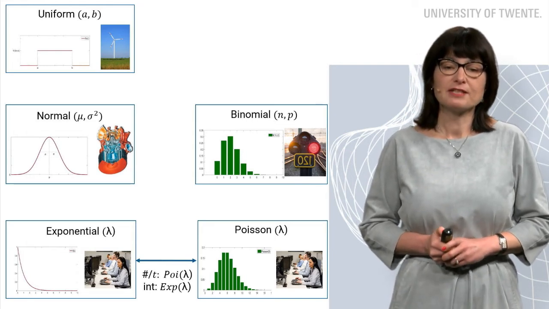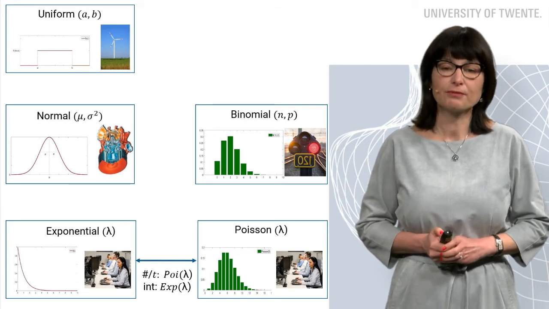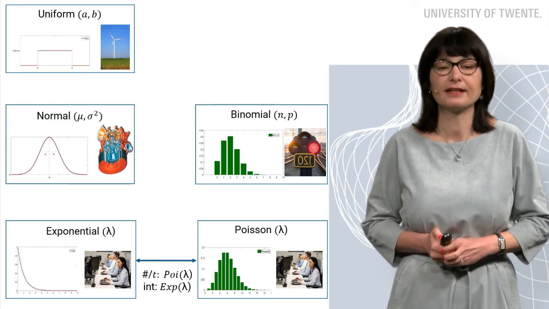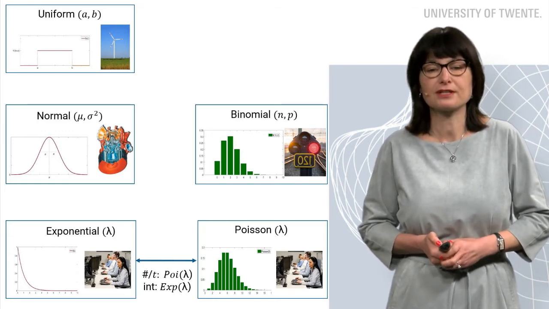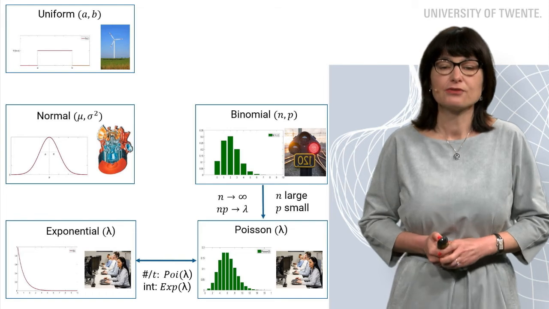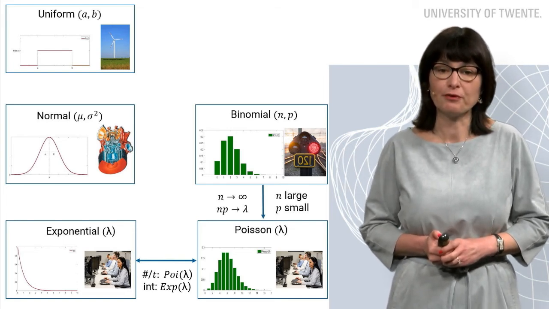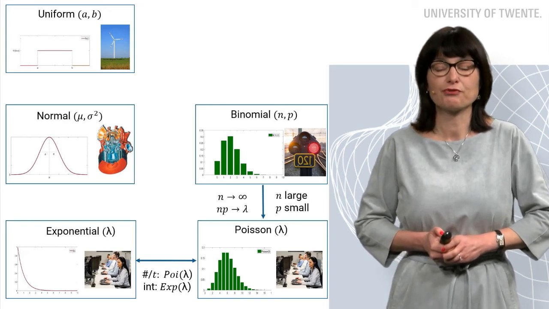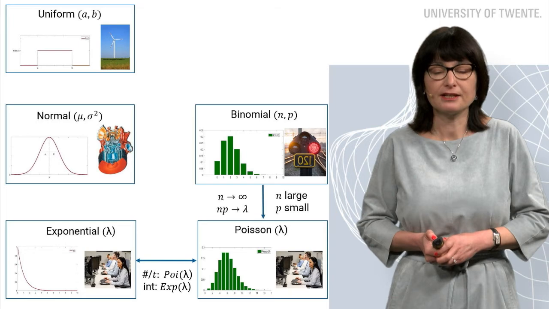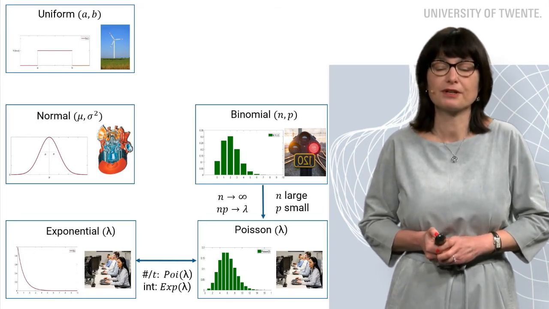So now I will show you some other connections which originate from binomial distribution, and in fact they were very important and maybe the first discovered in probability theory. First of all, Poisson distribution turns out to be closely connected to binomial. In fact, if we take binomial distribution with very large n and very small p, then approximately binomial distribution becomes Poisson.